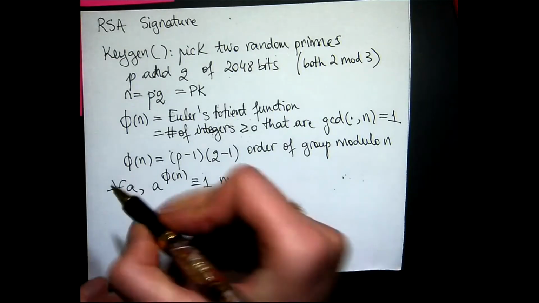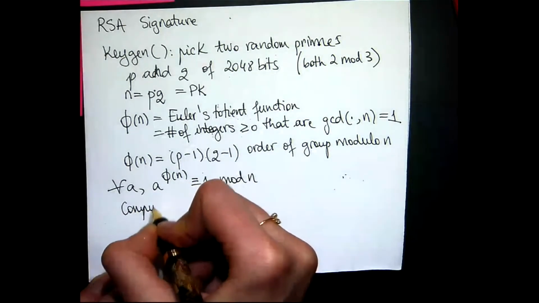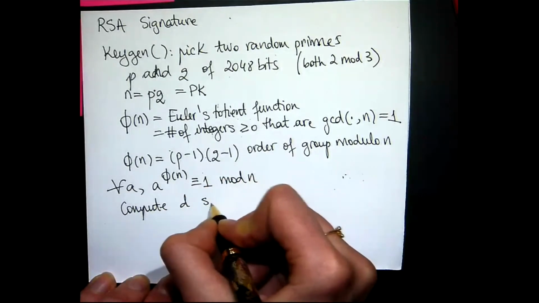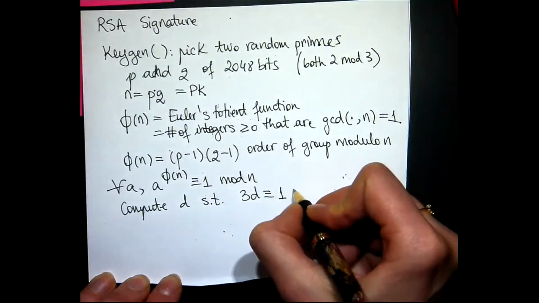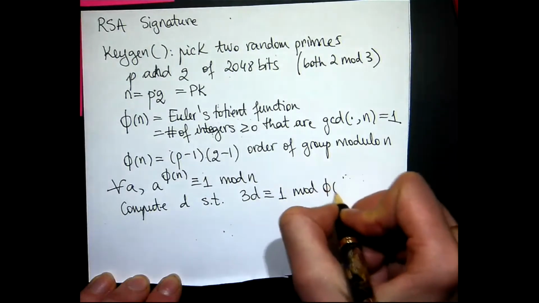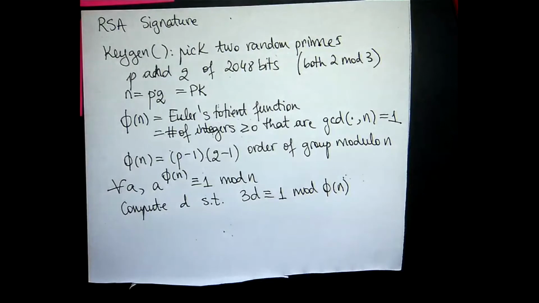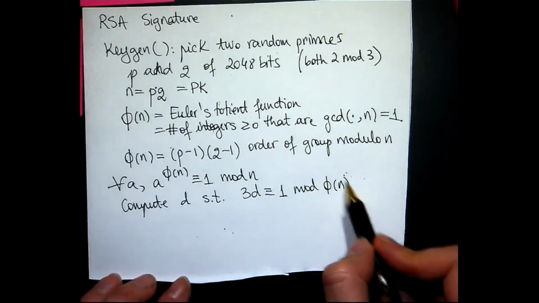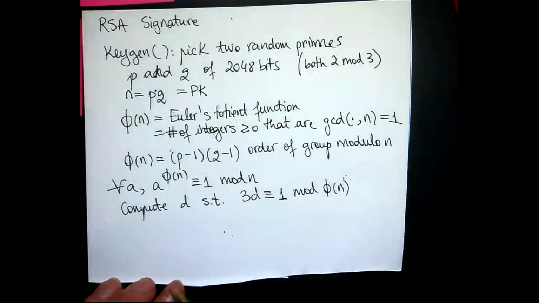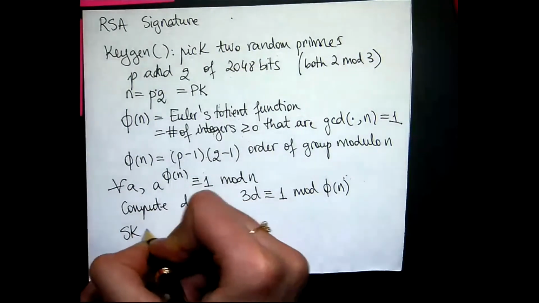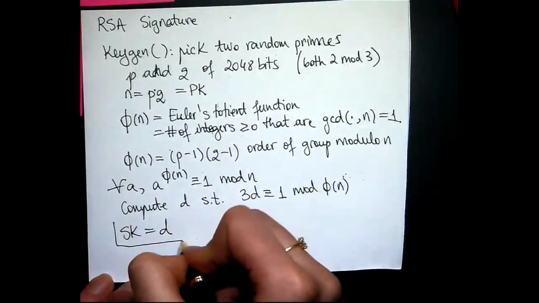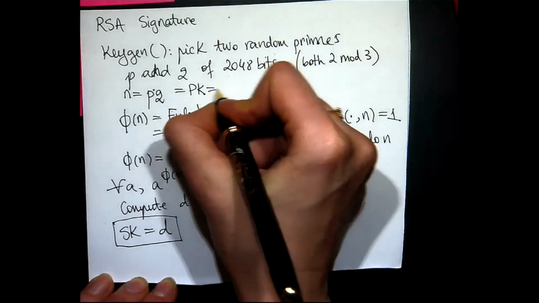So then you want to compute D such that 3D is equal to 1 modulo phi of N. You can easily do this because if you know phi of N, which you know based on the P and the Q, then you can easily compute this D. And now the secret key will be this D. So this is the secret key, and this is the public key.